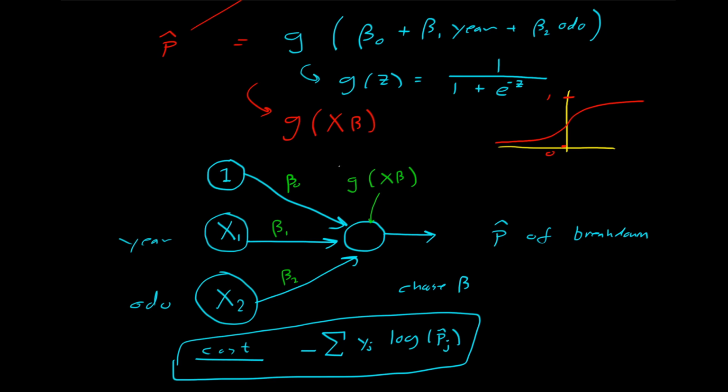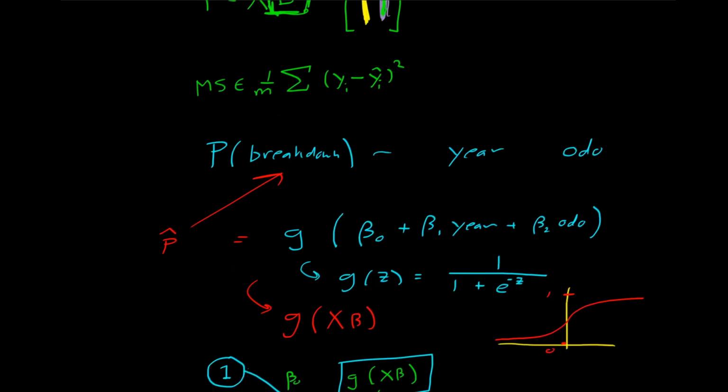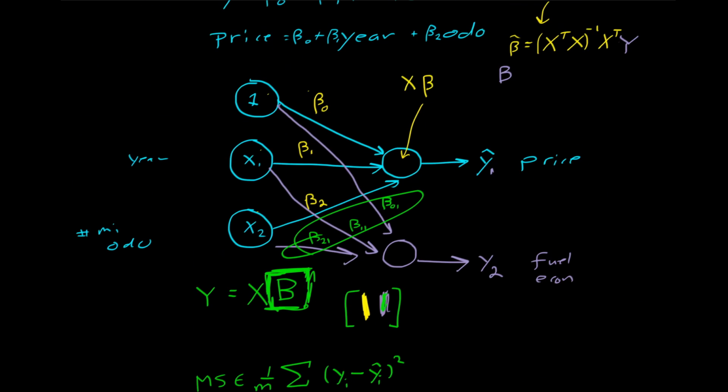And we have this nonlinear transformation happening inside this little node. So it's like this times this, this times this, this times this, add them up, and then apply some nonlinear transformation. You could actually think about the linear regression situation very similarly, except that we applied a function here, and that function was just the identity function. So we took all these and then we did nothing to them, or we multiplied them by 1.